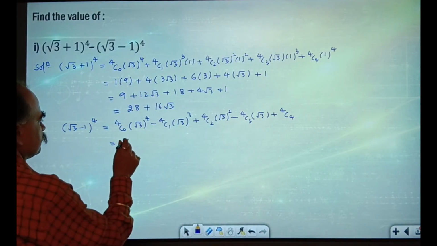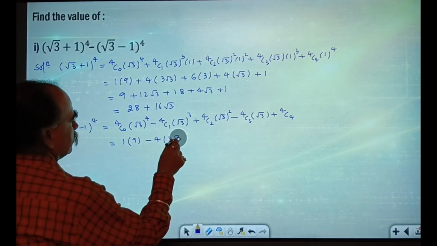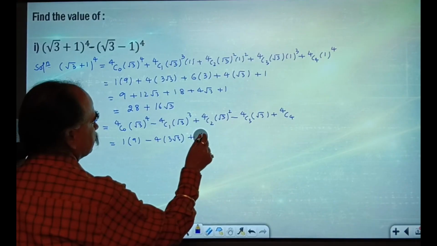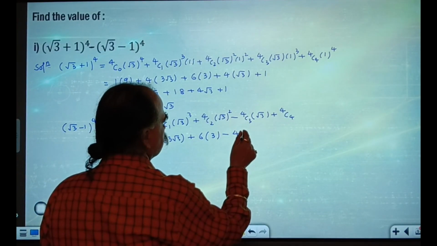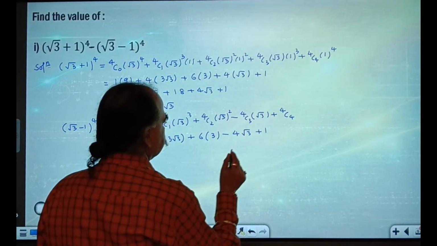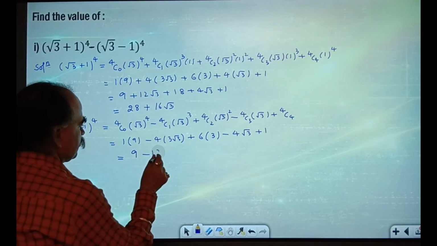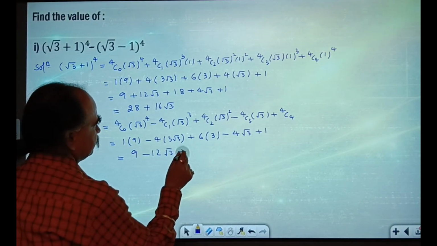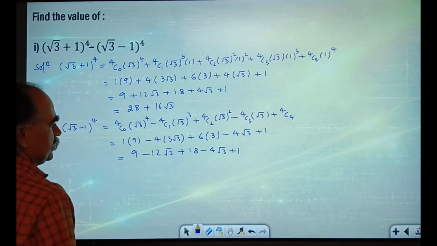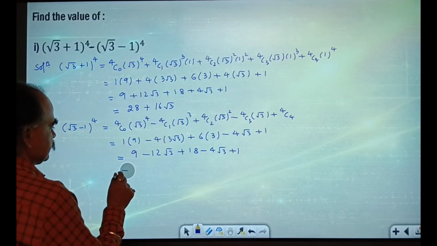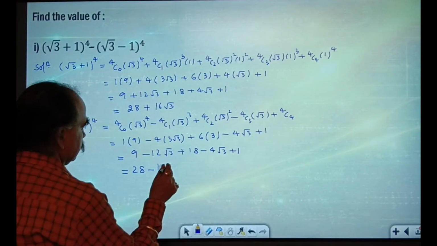This is 1 into root 3 raised to 4 is what? 9 minus 4 into 3 root 3 plus 6 into 3 minus 4 into root 3 plus 1 will give you what? 9 minus 12 root 3 plus 18 minus 4 root 3 plus 1. 9 plus 18, 27 plus 1, 28 minus 16 root 3.